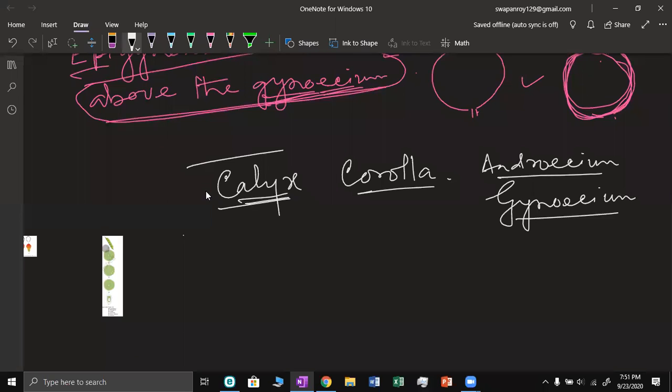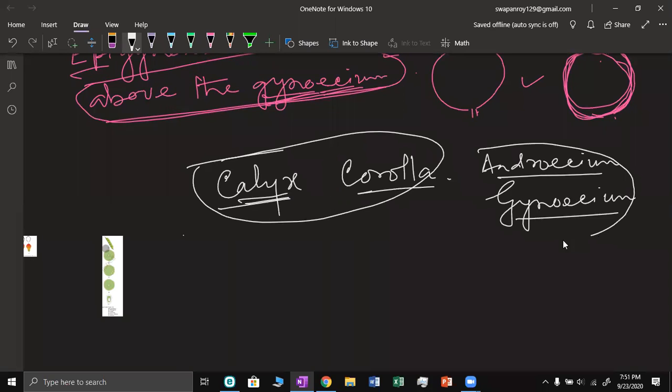Calyx and corolla, these two are actually not the reproductive part. The androecium and gynoecium are actually the reproductive organ. Calyx, corolla help somehow in the process of reproduction. So androecium and gynoecium are the main part.